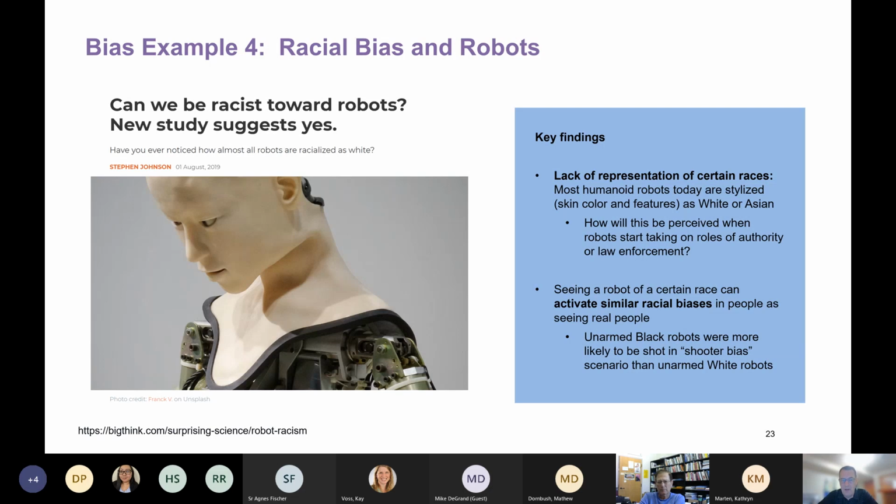Say they took on law enforcement responsibilities or crowd control responsibilities, et cetera. You could see a scenario where in minority communities, the presence of white robots or white robocops could be a concern from a racism or racial perception bias.